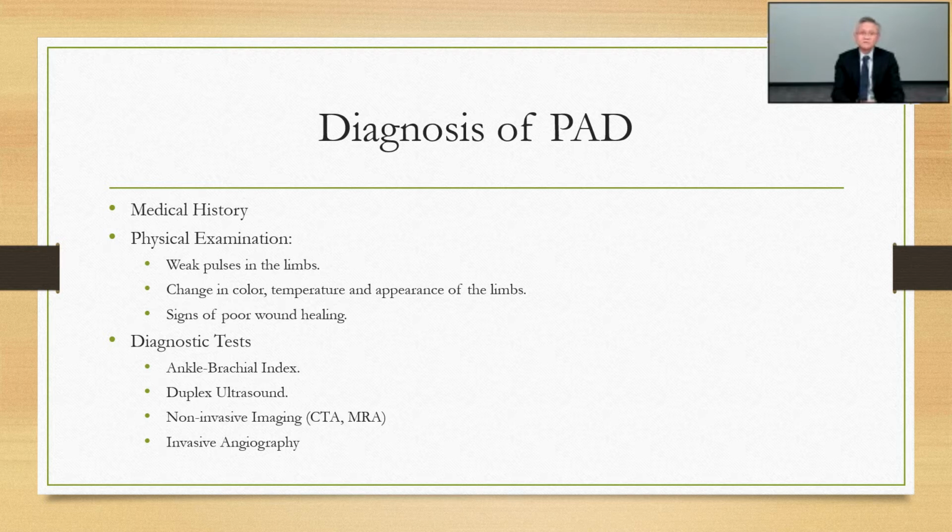Item number 1, medical history. Item number 2, physical examination, which is very helpful for you all to identify PAD. The third item, diagnostic testing, is more for the physician to help confirm the diagnosis. So we use all three, but from the patient's perspective, medical history and physical examination is something that you can use. And we're going to spend a little time on those items first.